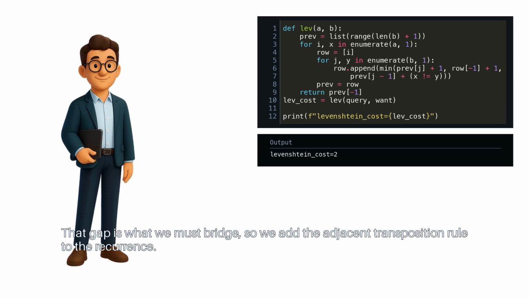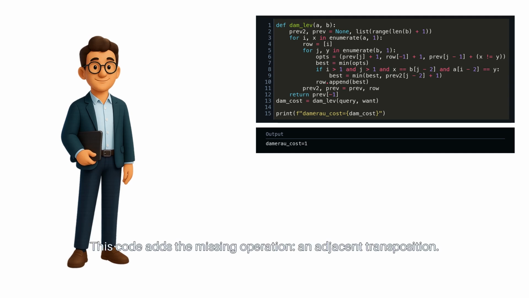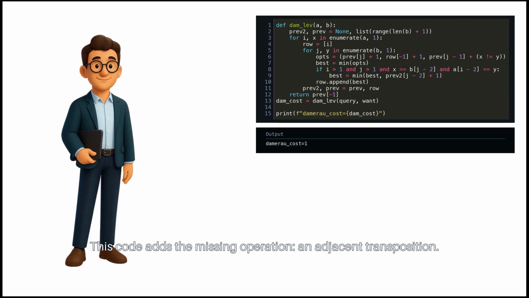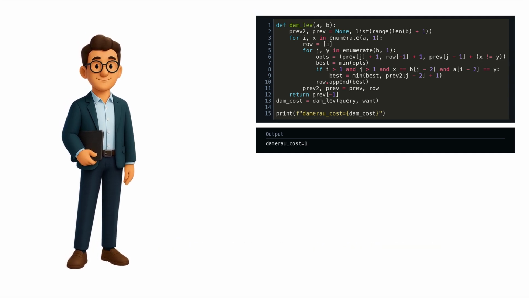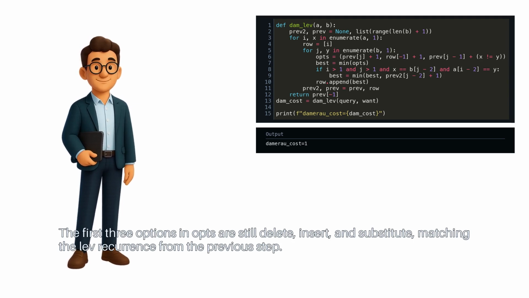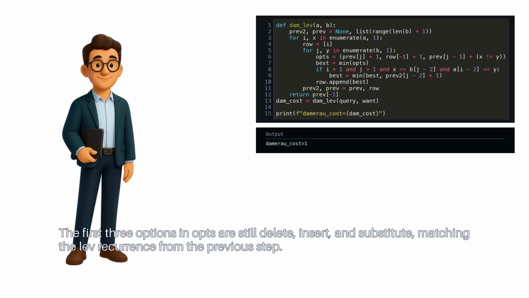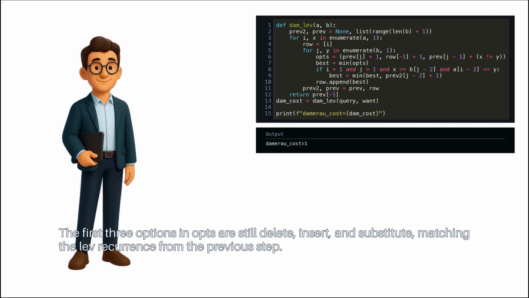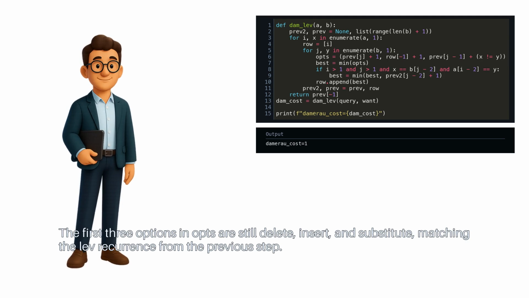That gap is what we must bridge, so we add the adjacent transposition rule to the recurrence. This code adds the missing operation, an adjacent transposition. The first three options in ops are still delete, insert, and substitute, matching the Lev recurrence from the previous step.